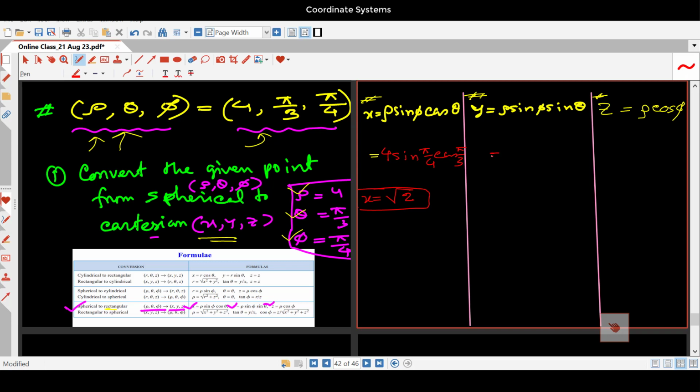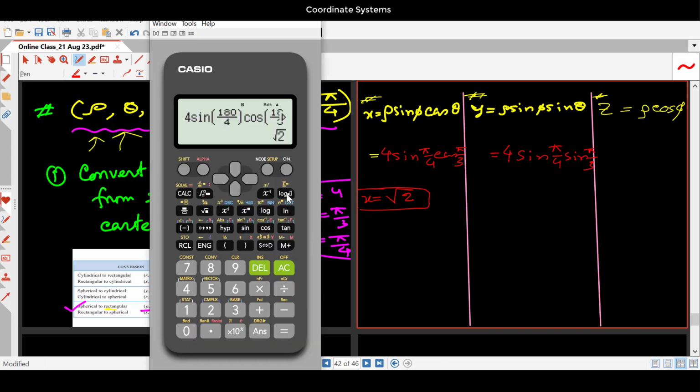Similarly, let's find y. So y equals rho sine phi sine theta, that is 4 sine pi divided by 4 sine pi divided by 3. So we are going to use our calculator again.